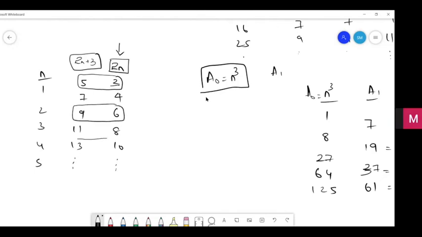Right. Now say I have the 100th term. If I have to quickly find the 100th term of this sequence, we'll call this sequence 1, this 5, 7, 9, what would that be? 2 into 100 plus 3.